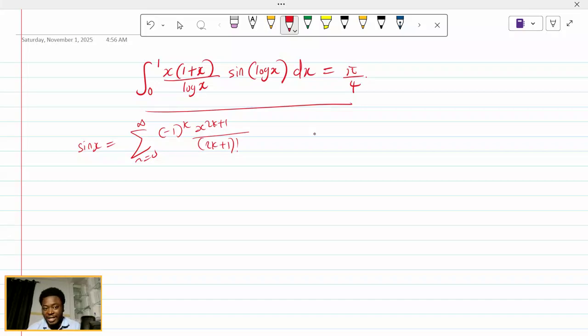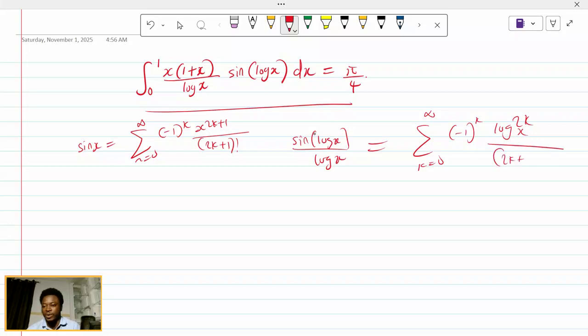When you plug in log x, so basically sine of log x divided by log x, you would obtain the series equal to the sum as k runs from 0 to infinity of negative 1 to the k, logarithm of x to the 2k, divided by 2k plus 1 factorial.